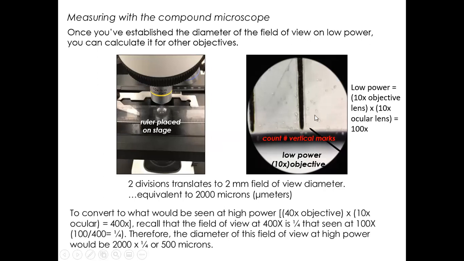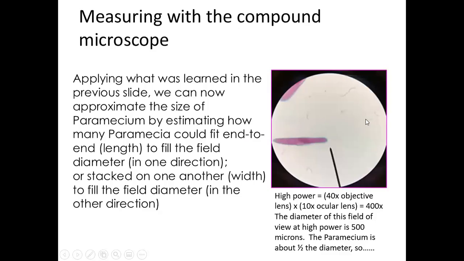So across this whole thing on the 40x objective will be 500 micrometers. And if we know that, and we're looking at this little paramecium here, you can see it takes up about half the diameter, right? So we can say roughly this guy is 250 micrometers. That's easy enough. If I know the distance here based on my measurement, I can figure out just by looking at him how long he is.